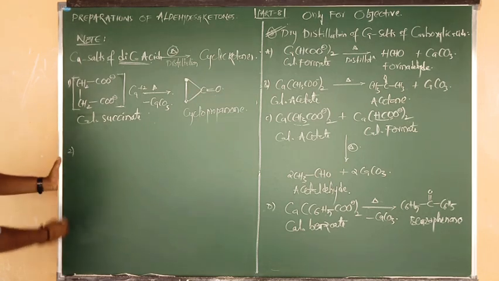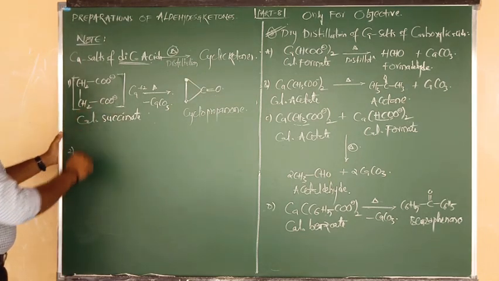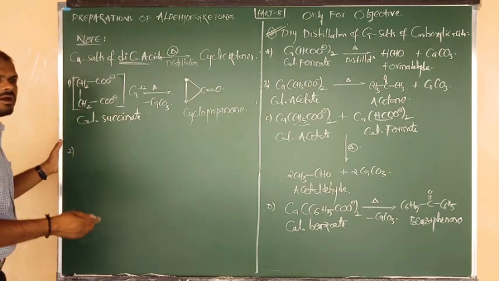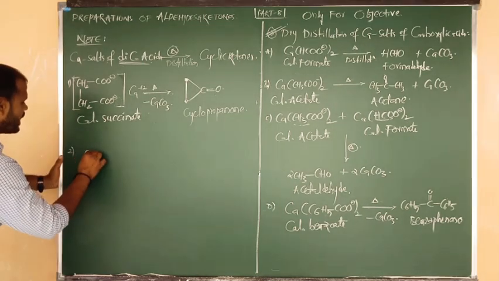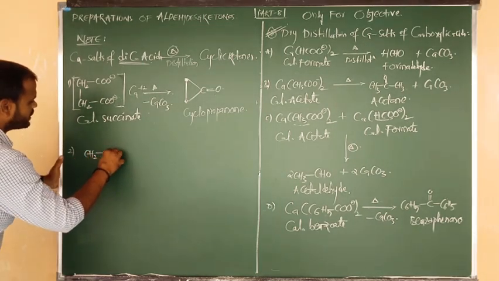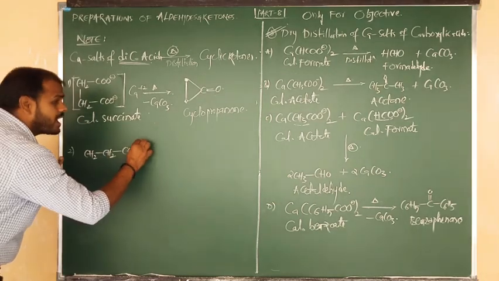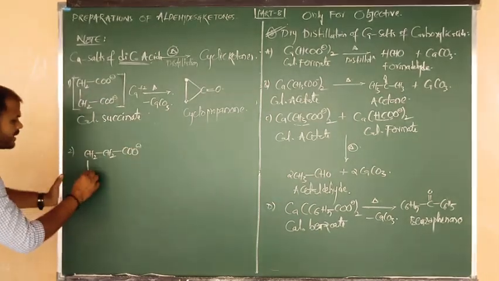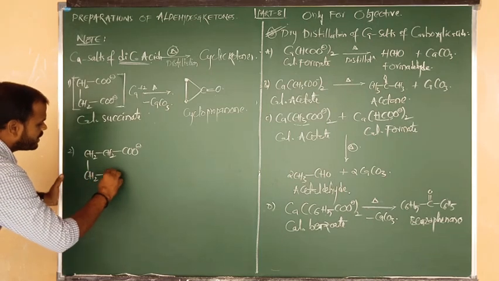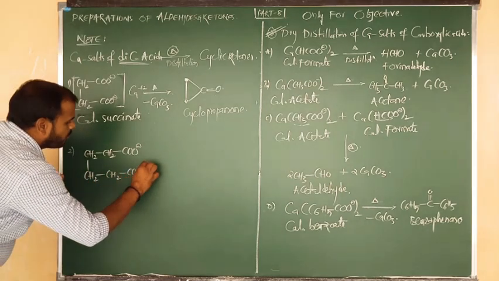Let me show you another example. This is the calcium salt of succinic acid. Now I want to take another dicarboxylic acid. The formula is CH2 bonded to CH2, again connected to COOH, but I am writing COO minus here. Again CH2 bonded to CH2, COO minus.